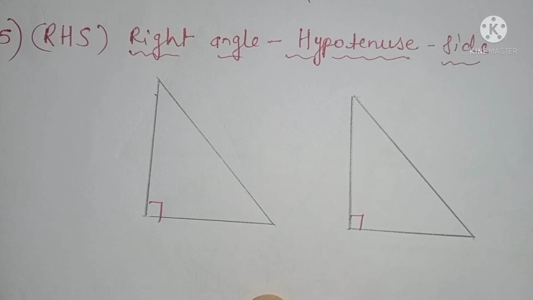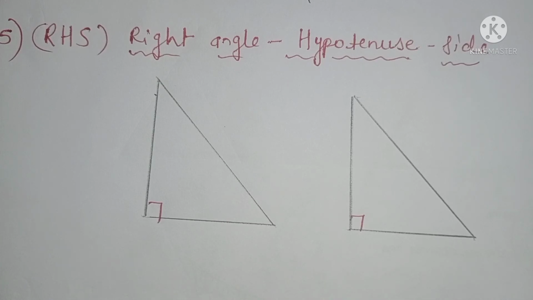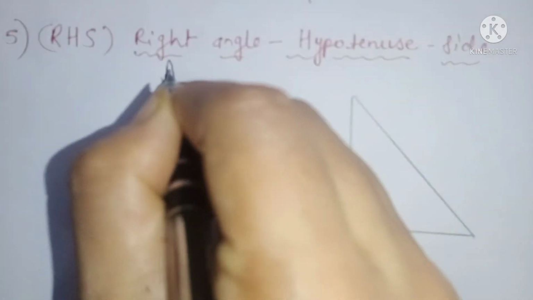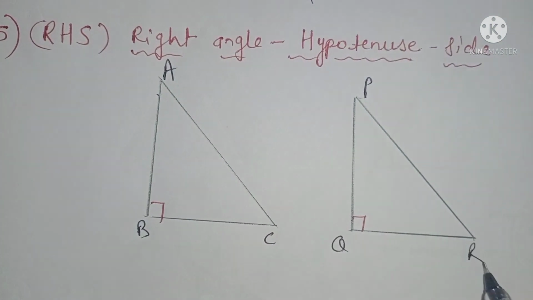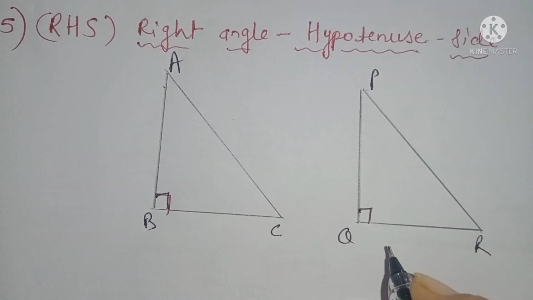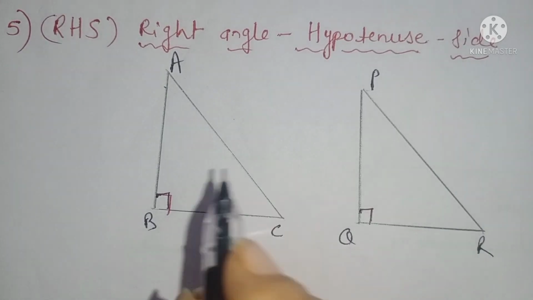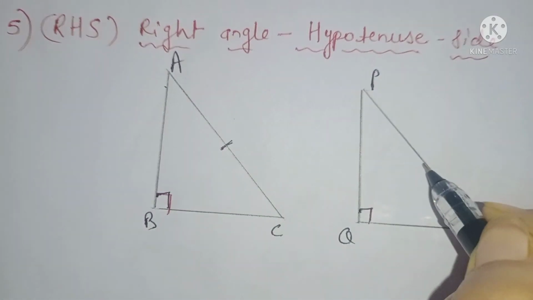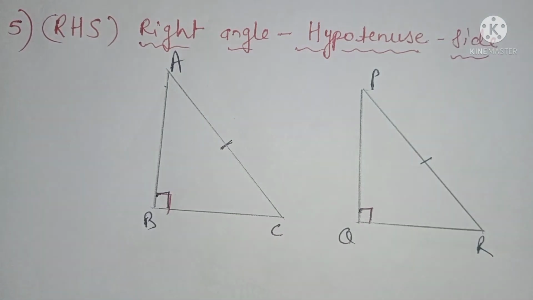According to it, if two right triangles, suppose ABC and this is PQR, each have a right angle, then the hypotenuse of one should be equal to the hypotenuse of the other, and any one corresponding side should be equal.